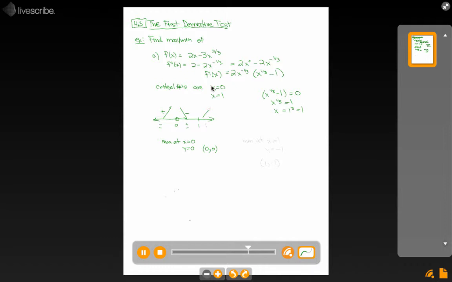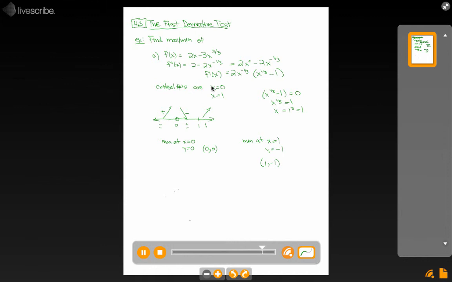Now if I put a number to the right of 1 into the derivative, 2 or 10 or 1,000, I have a positive times a positive, so the function starts to climb again, which tells me that I must have a minimum at x equals 1. And if I put x equals 1 in there, I get that y equals negative 1. So at the point 1, negative 1, you have yourself a minimum.